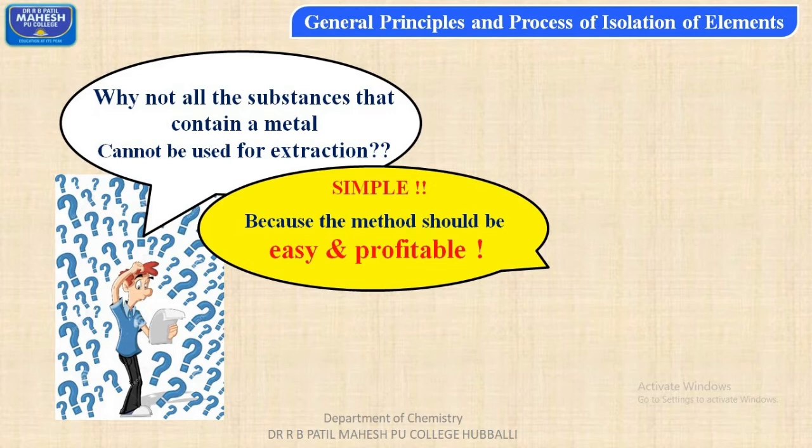For example, student, if we consider the mineral in which the percentage of the metal is very less and the expenditure on the extraction process is enormous, then that particular mineral won't be selected as an ore of the given metal. Thus, the main reason for this is the method should be easy and the profitable one for selecting the ore from a list of minerals.